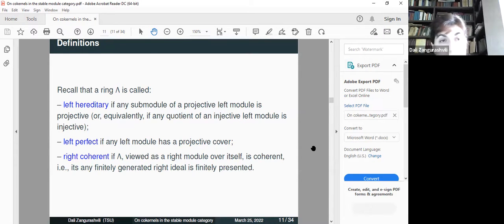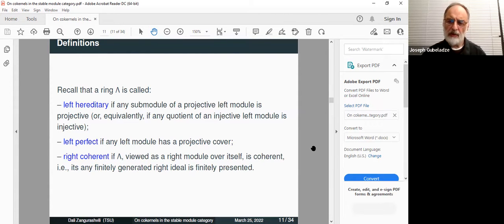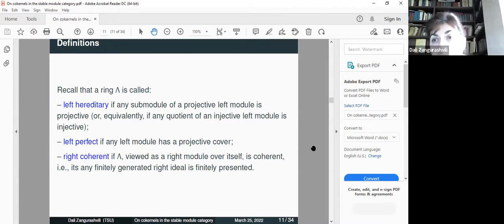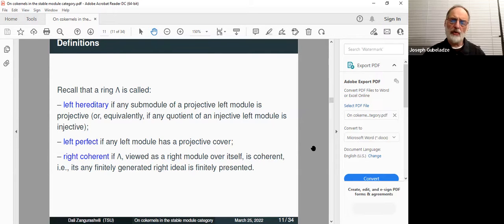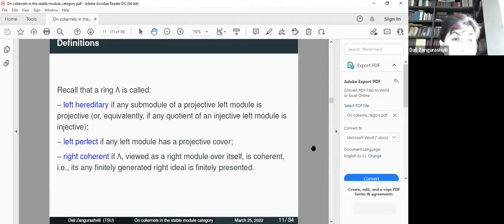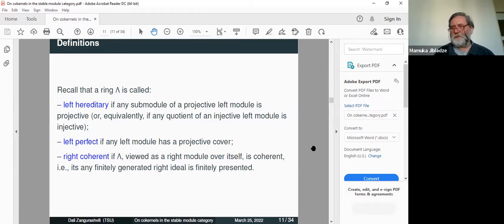Such a ring is left hereditary, left perfect, and right coherent. What is Z in this example? The ring of integers. Also, a product of fields would be of this type? Yes, more generally, matrix algebras over fields.